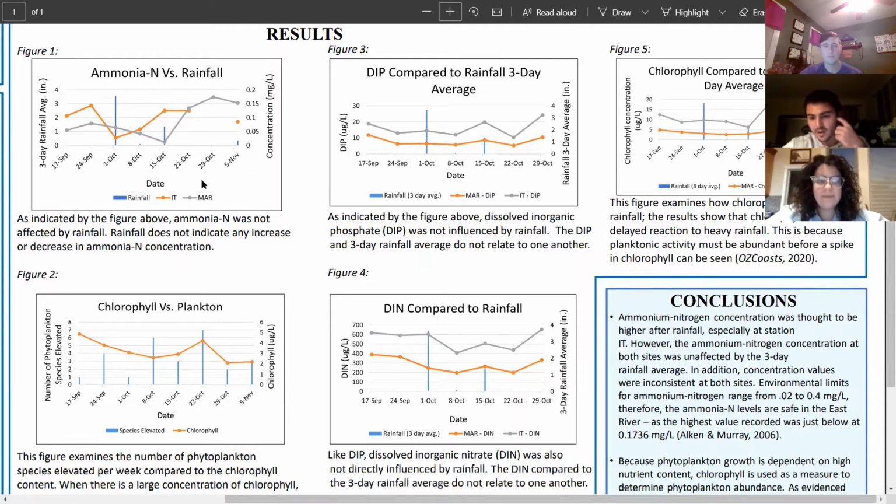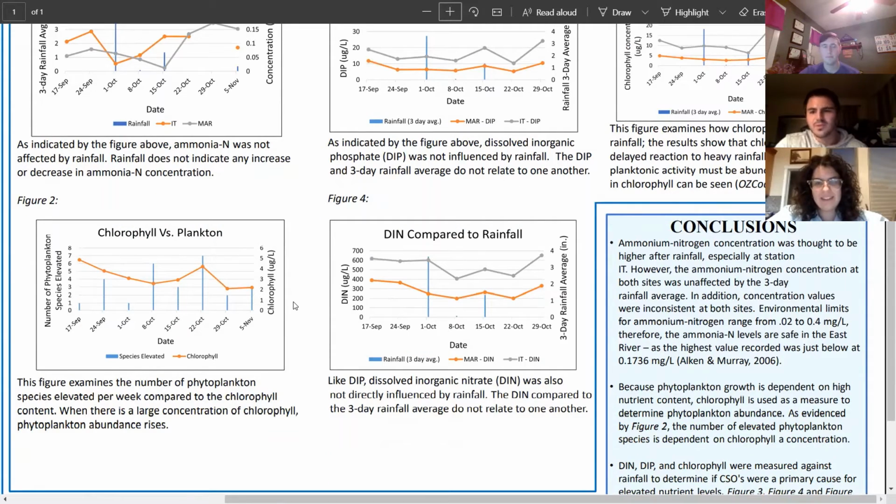As we see in the graph, the orange line represents site IT, the gray line represents site MAR, and the blue line is the average rainfall for that week. The rainfall does not indicate any increase or decrease in ammonium nitrogen concentration. If we did a longer study, we would see better trends over periods of time.